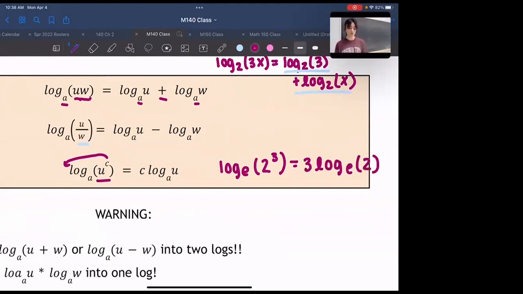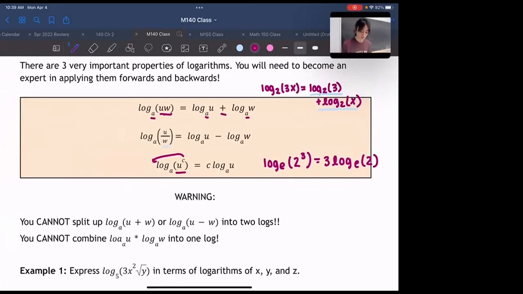Awesome, right? So we can just move the exponent to the front. Now, on the other hand, if we were given the 3 log base e of 2, we could move the 3 to the top and get the left-hand side, right? So this goes both ways. We can kind of translate between each of these ways of writing a logarithm.